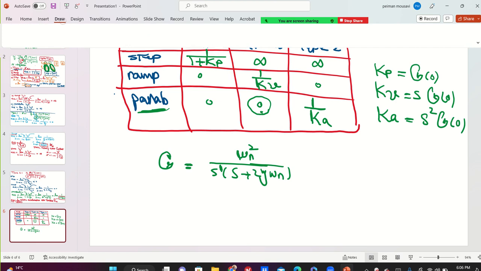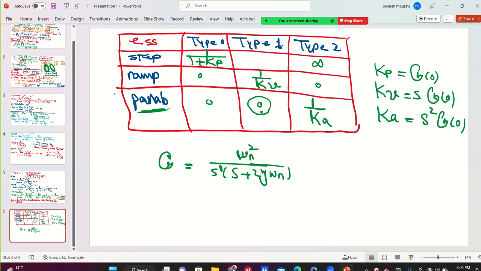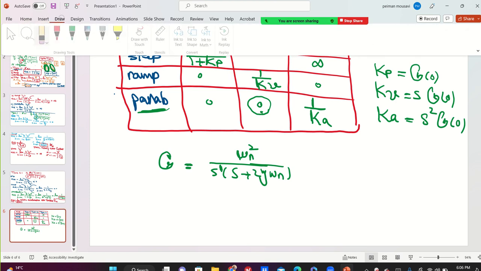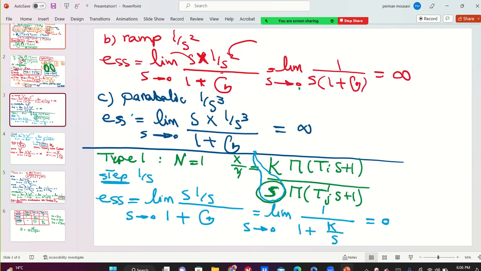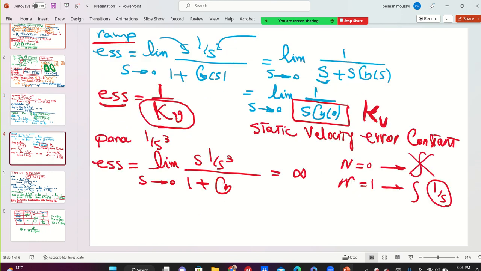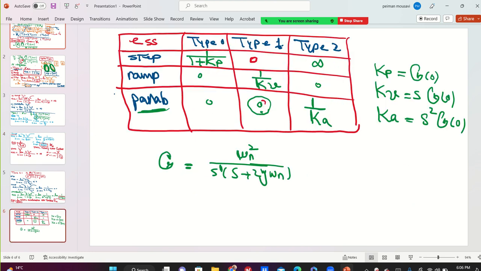I see, because I was looking for this. Because I'm saying that this is 0, guys. Did I copy it here correctly? Step is 0, 1 over Kv, and I see that this is infinity.